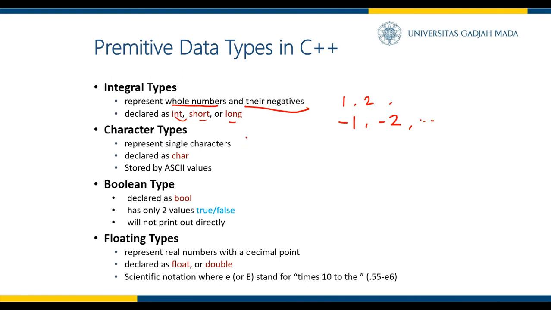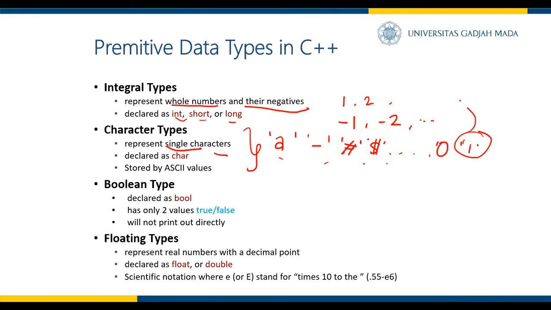And then the character type. The character type is a character, like an alphabet, A for example, and then minus, cross, a dollar sign, and etc. It represents a single character, so it's only a single digit, 0 or 1, but as a character, not as a number, because as a number we can store it in the integral type.